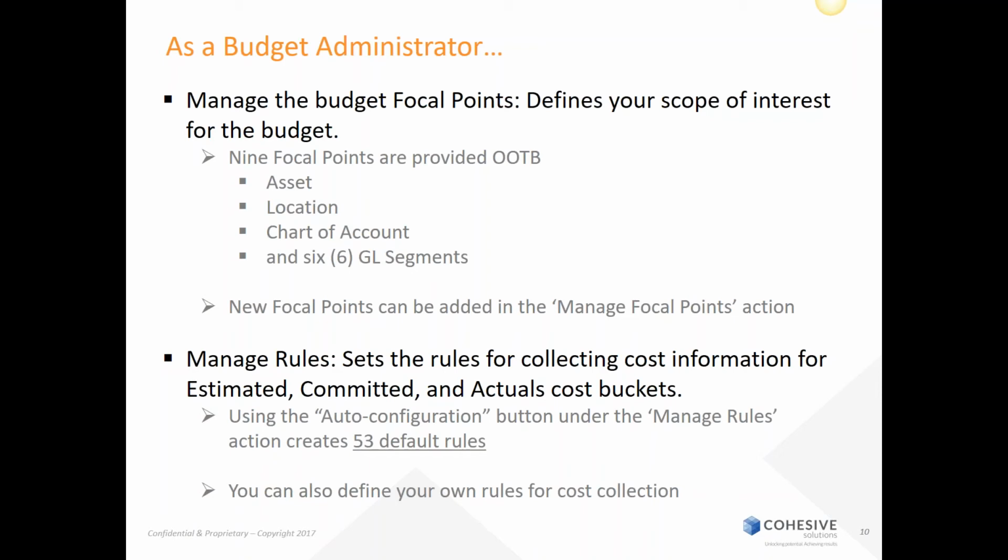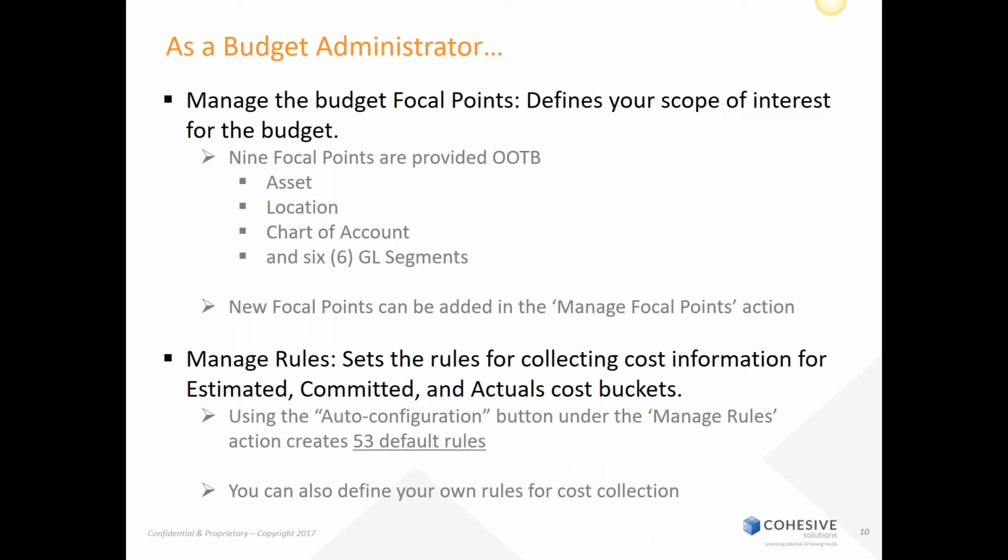Now, to manage the rules of what goes in each bucket, you use the manage rules action, as I said earlier, and that can be more difficult to do one by one and establish your own rules.